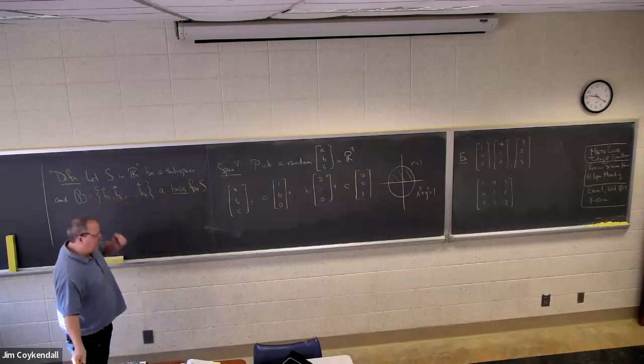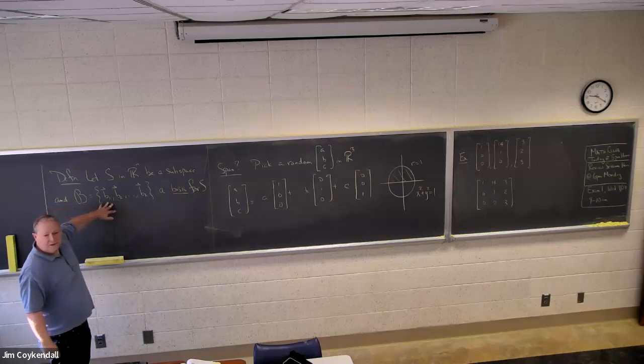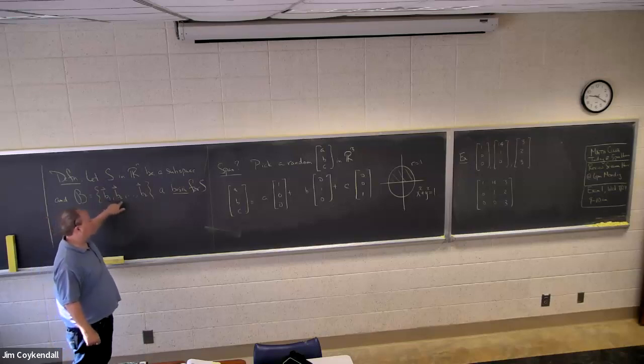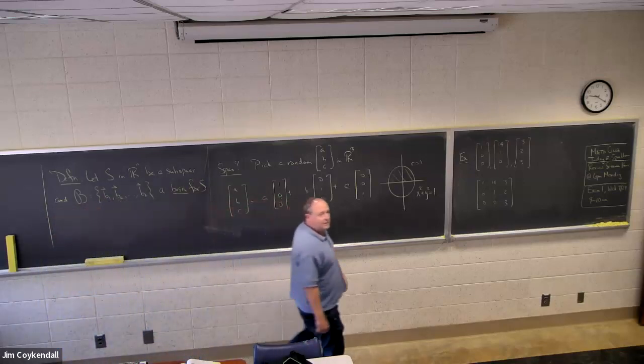So what do I know about this collection of vectors b1 up to bk? I know that everything in S is a linear combination of these, and I also know that this is a linearly independent set.